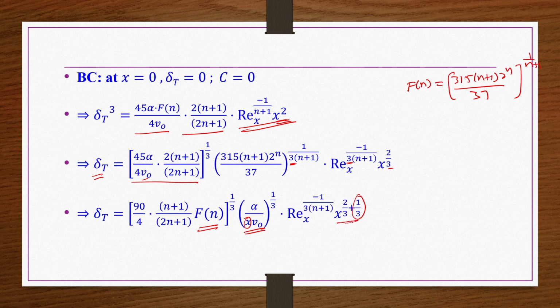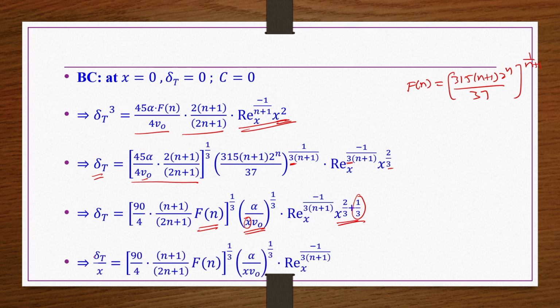This x I can take to the left hand side, so that I can write delta t by x is equal to this form. More or less you can take this as a final solution, but we still have to do some more simplification, because we know for a Newtonian fluid the thermal boundary layer thickness or subsequent Nusselt numbers that you have.